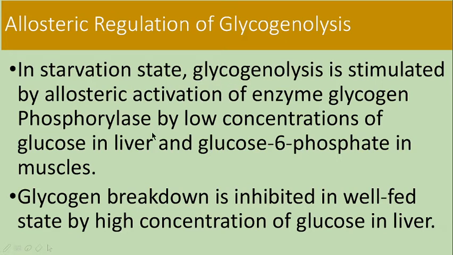Glycogenolysis is required when there is an insufficient amount of glucose. During starvation, energy is required in more amount. So glycogenolysis will be triggered by the allosteric activation of the enzyme glycogen phosphorylase. It will be sensed by the low concentration of glucose in the liver and glucose 6 phosphate in the muscles. Now, glycogen breakdown is inhibited in the well-fed state by a high concentration of glucose in the liver.